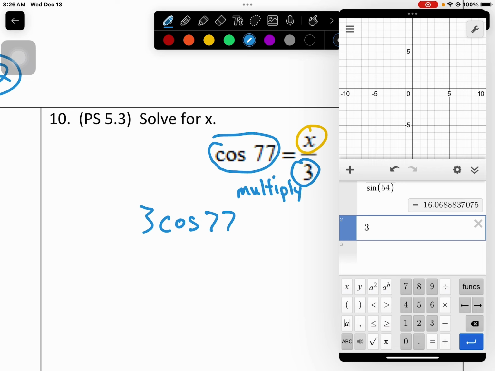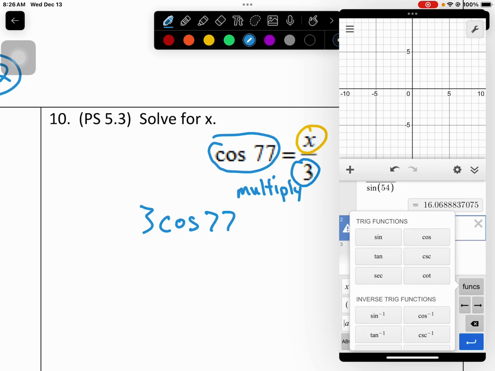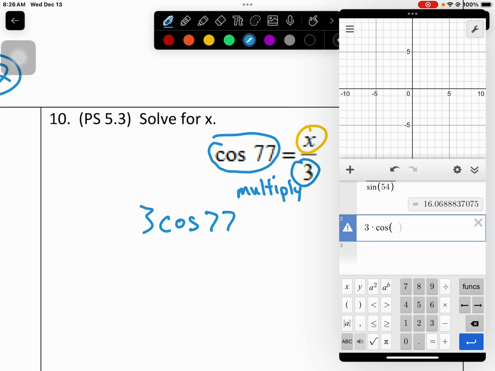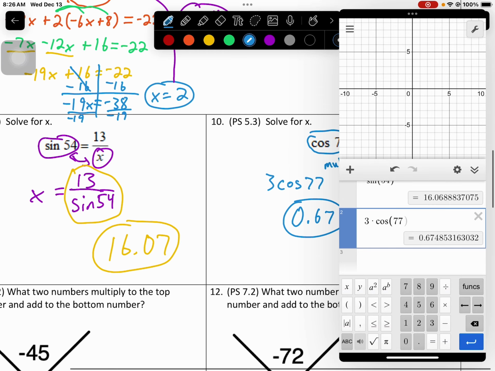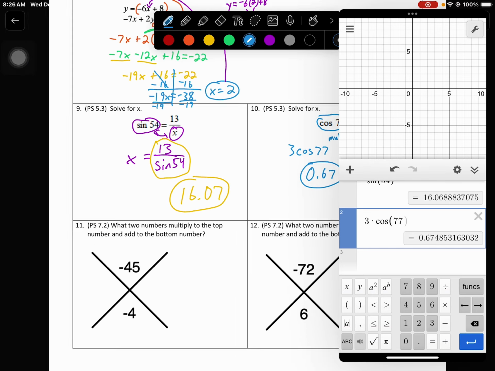So 3 times, go to funcs, cosine 77, and there you get 0.67. Okay, 0.67, 0.7, 0.6, whatever.